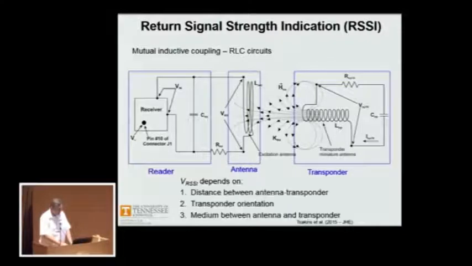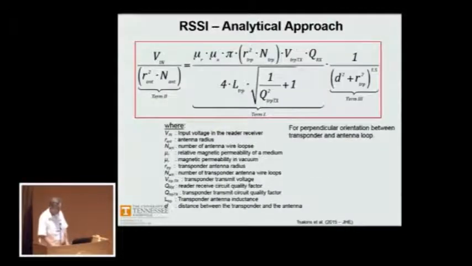I'm going to skip some of the stuff, but when you get the radio signal intensity, what we looked at is the voltage that we receive back. That voltage can be a function of a bunch of factors, but pay attention to the Greek letter mu here. That's the permeability of the material that you are dealing with.